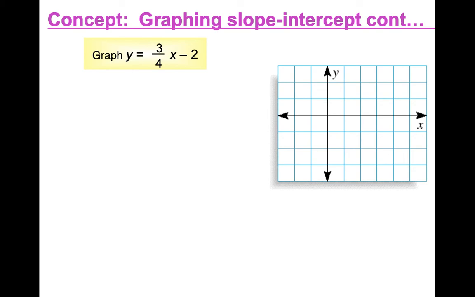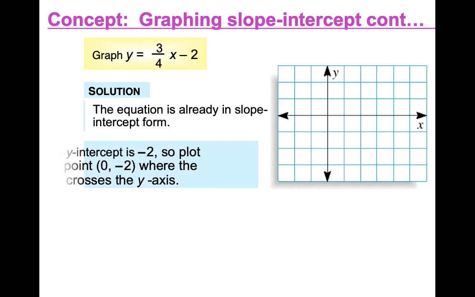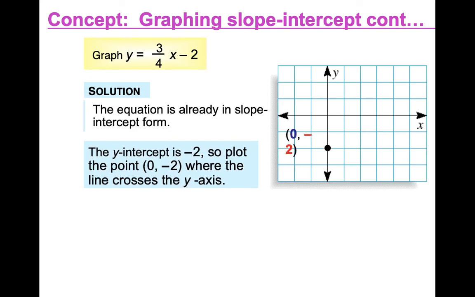And then our run, which is 1, 2, 3, 4. So our other point will be right there. The equation's already in slope-intercept form. That's good. So the y-intercept is negative 2, or 0, negative 2, which is where it crosses the y-axis.